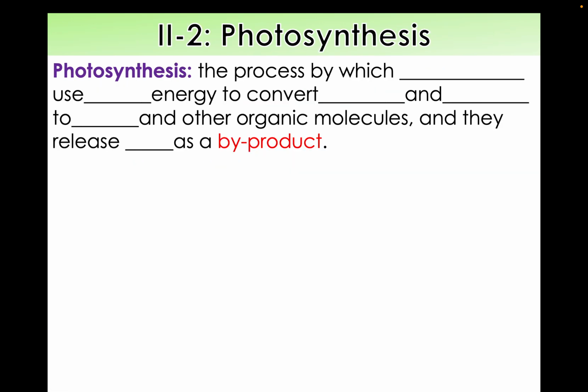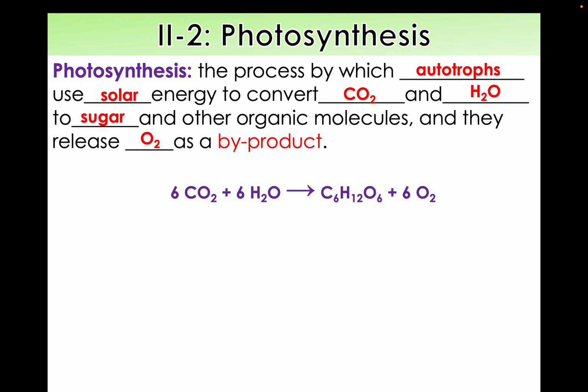Let's define photosynthesis. Photosynthesis is the process by which autotrophs use solar energy to convert carbon dioxide and water to sugar and other organic molecules, and they release oxygen as a byproduct. Here is the chemical equation for photosynthesis, but something's missing: light.